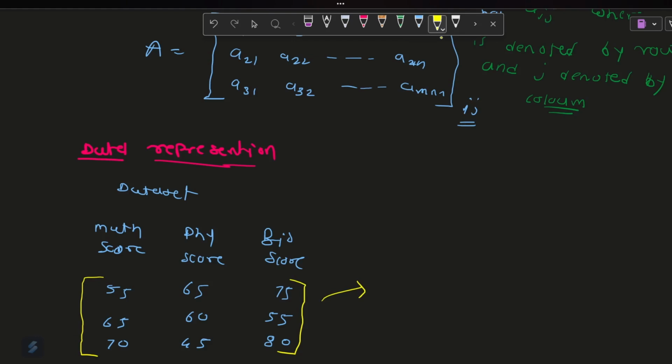That is a data representation. Similarly, we have one more example: an image in a computer.